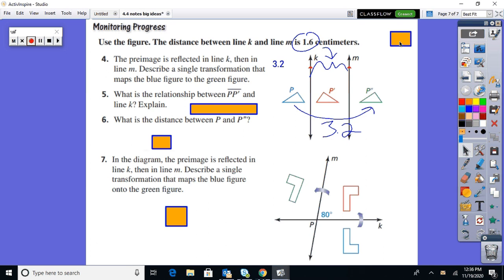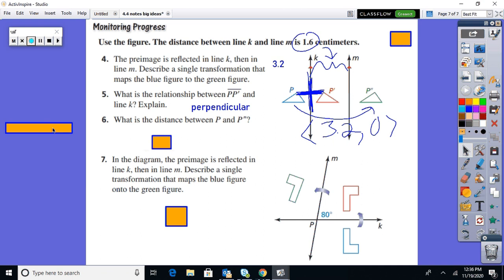Translation. You could put it in vector form. However you want to describe it to me. Number 5, what's the relationship between P to P prime, this segment, with the line K? You can probably guess they will be perpendicular. That's the beauty of reflections.